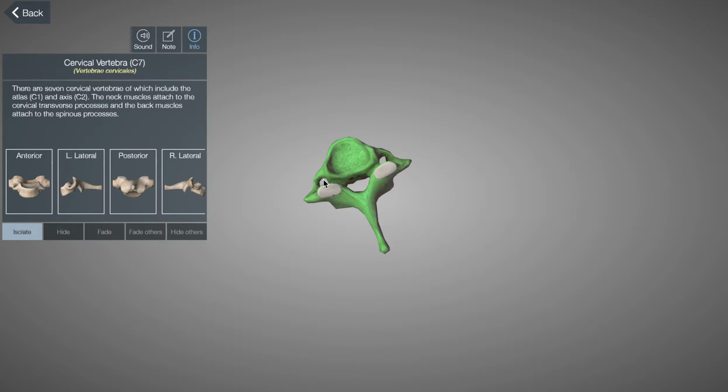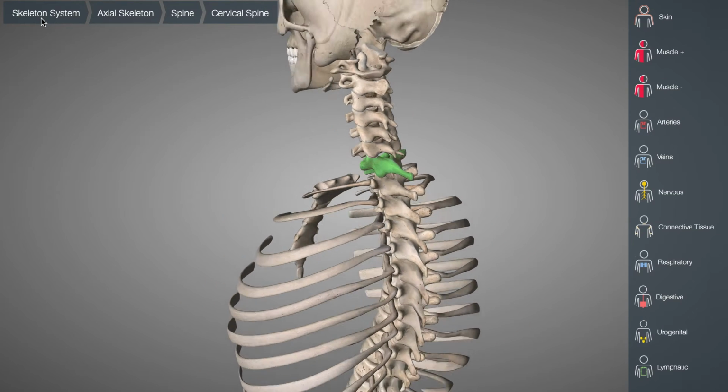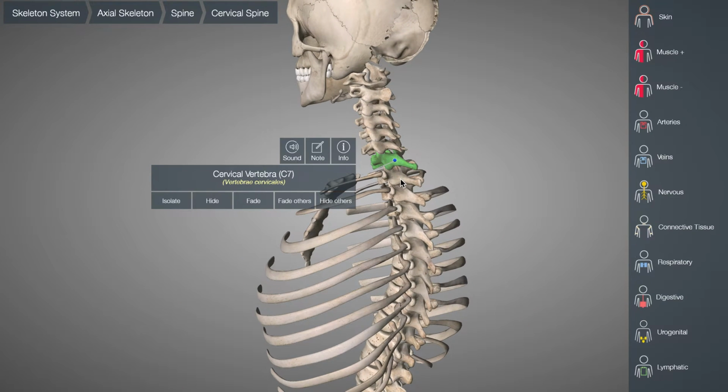What passes through here is, for example, some nerves and also the vertebral artery. This hole right over here is called the vertebral foramen, and this part sticking out is just a spinous process. But again, the main distinct feature is going to be that transverse foramen.